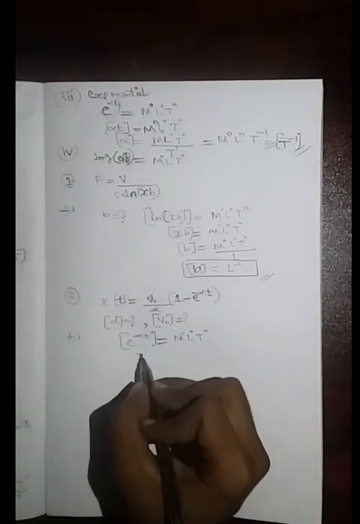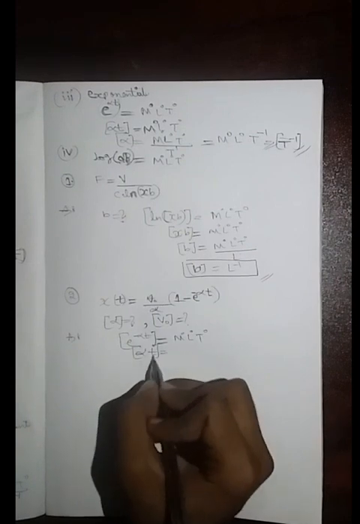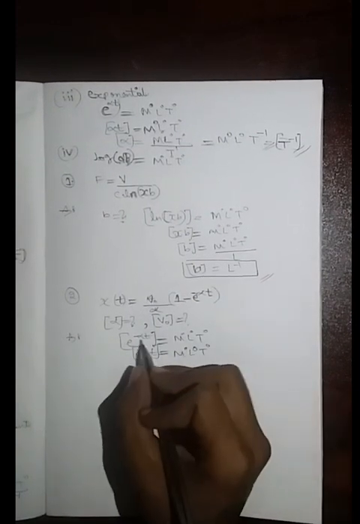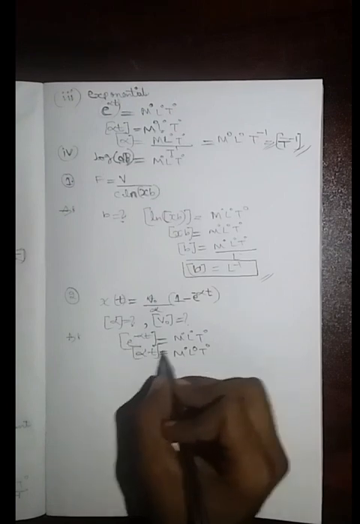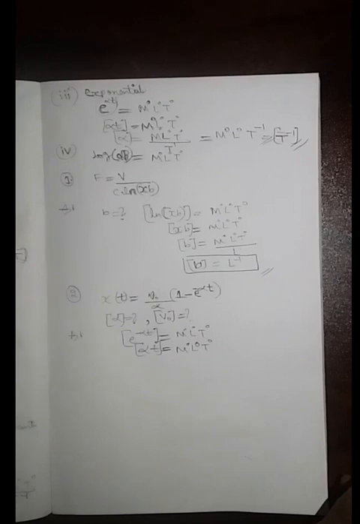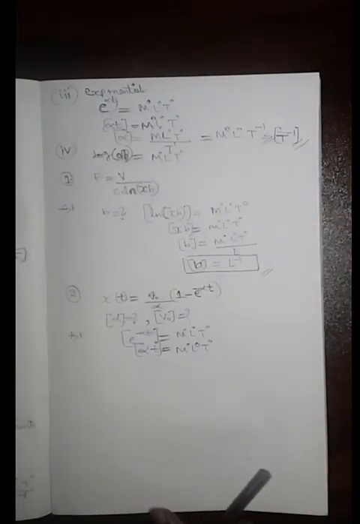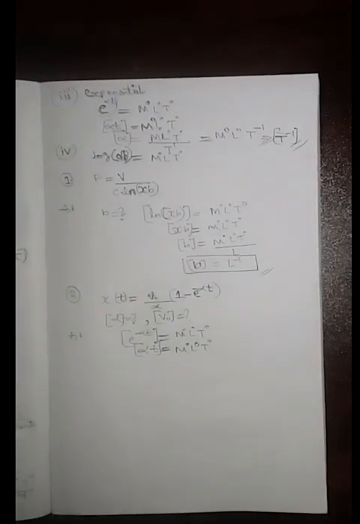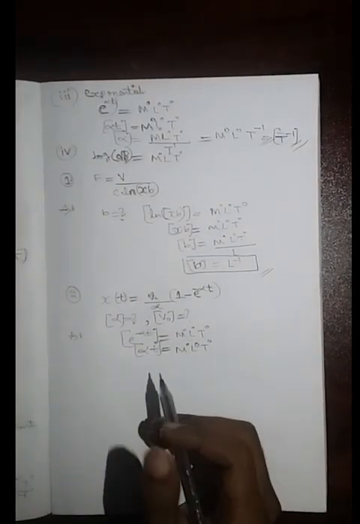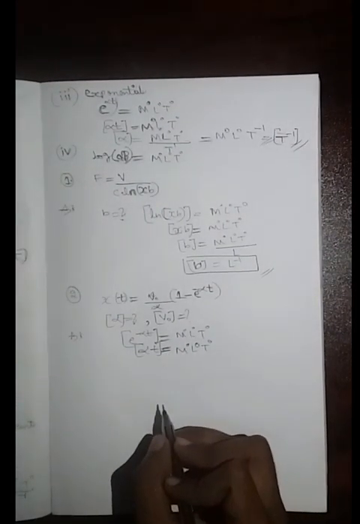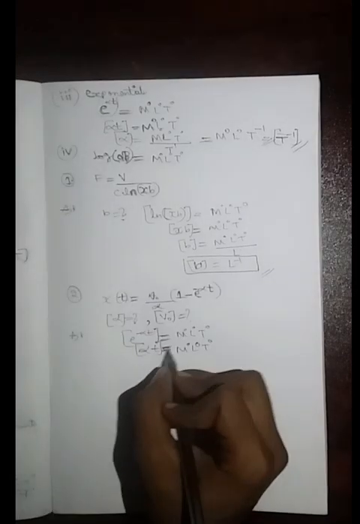So the dimension of alpha t will become M power 0, L power 0, T power 0. We can neglect the minus here, as we are not concentrating on the magnitude or direction, but just on the units of the physical quantities.